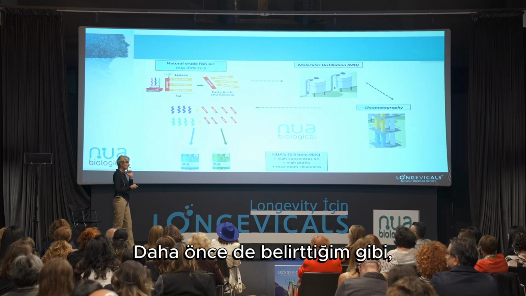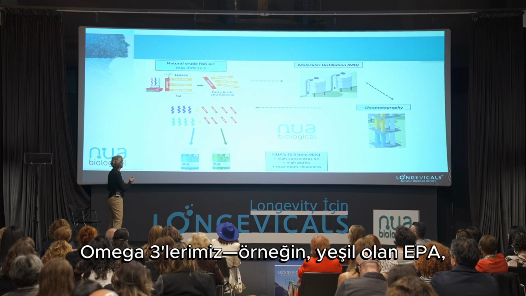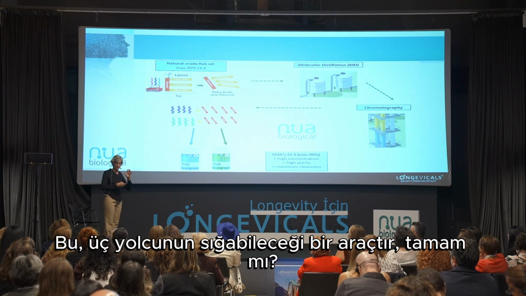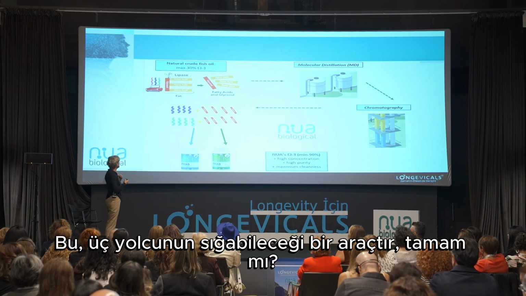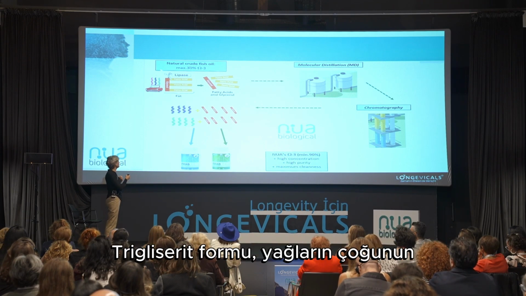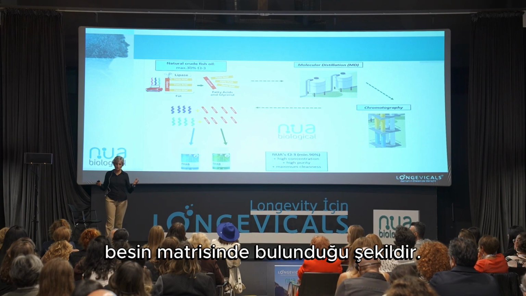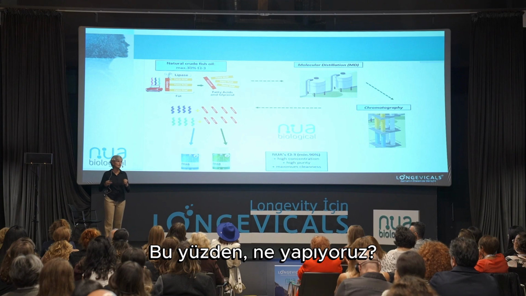Okay. So as I mentioned earlier, we know that our omega-3, say the green is EPA, blue DHA, they come in nature as a triglyceride form, which is a car where you can fit in 3 passengers, okay, the triglyceride. And that's how all the fats, the majority of the fats we eat come in the food matrix.